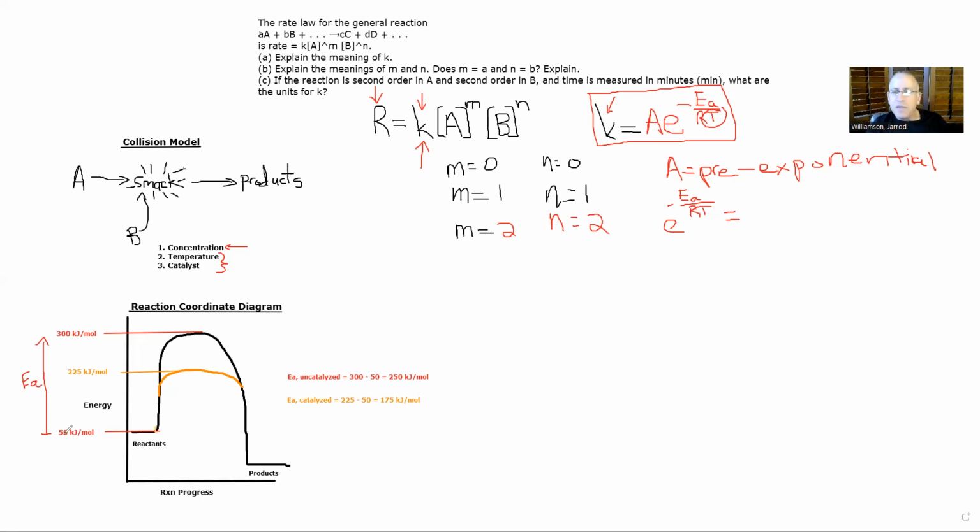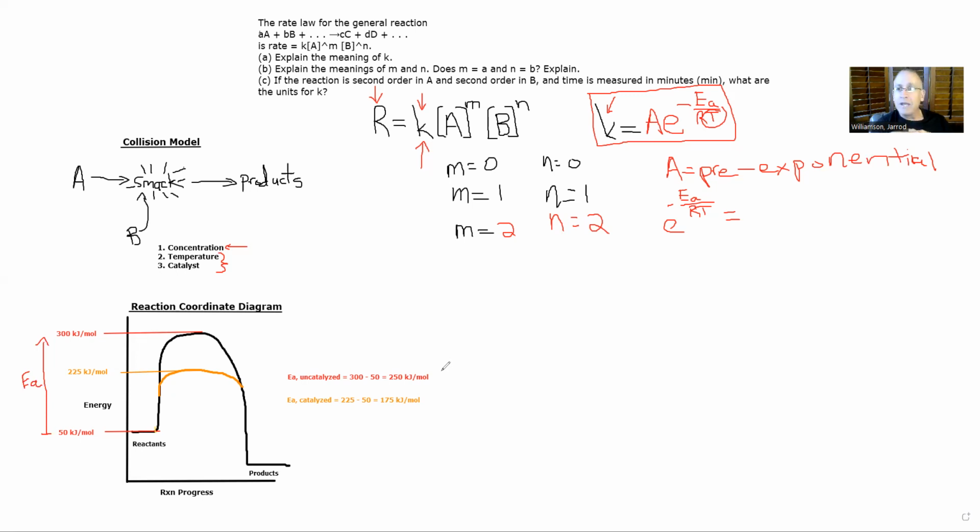How much energy is that? It's not the 50. I made up these numbers. It's not 50 joules per mole. It's not 300 kilojoules per mole. The activation energy is going to be the difference between these two in my made up problem: 300 kilojoules per mole minus 50 kilojoules per mole. That's going to be 250 kilojoules per mole.